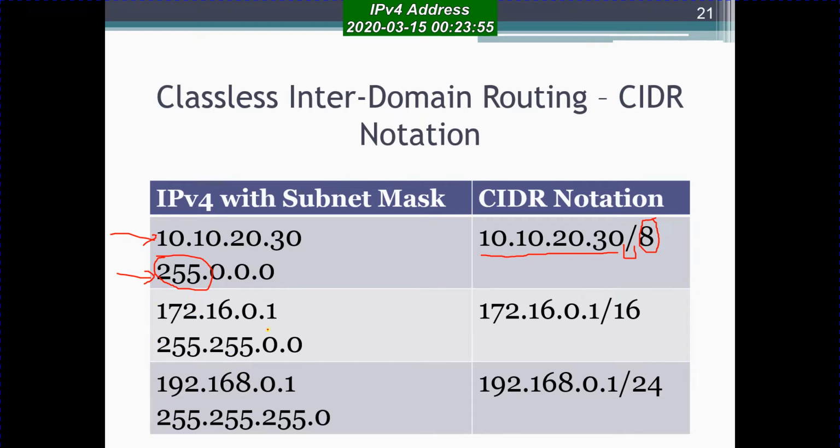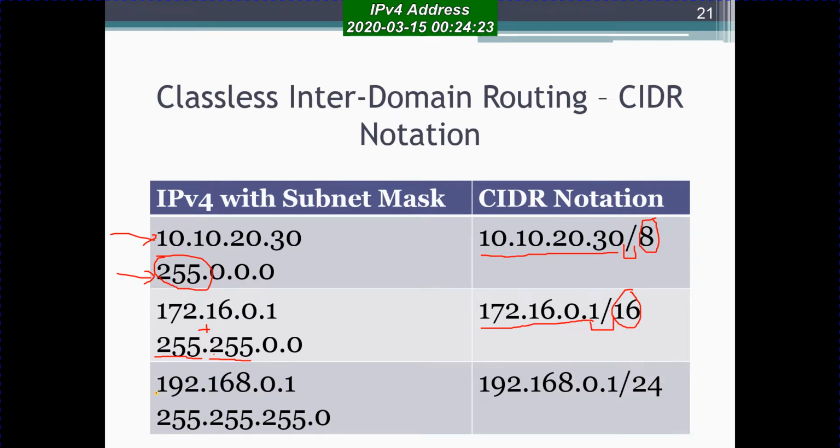So this is one way of writing, and we have another way, which consists of writing the IP address followed by a slash followed by a number. What is 16 here? 16 is simply the number of bits set to 1 in the subnet mask. So here we have 8 bits, here 8 bits. 8 plus 8 is equal to 16. So you count 16. Always start counting from left to right.